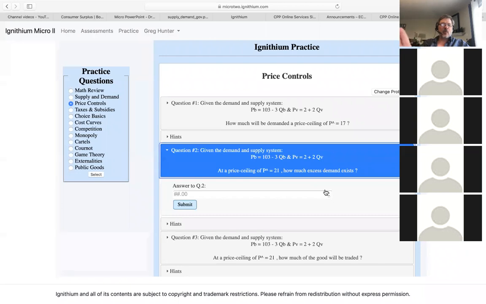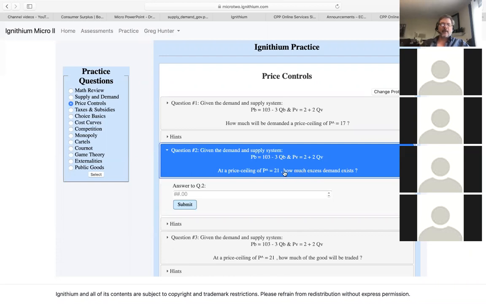So what's important here is that when we're comparing quantity demanded and quantity supplied and getting excess demand or a shortage, I'm going to say excess demand just because it's the language of the problem, but hopefully you know at this point that that's exactly the same as saying shortage.